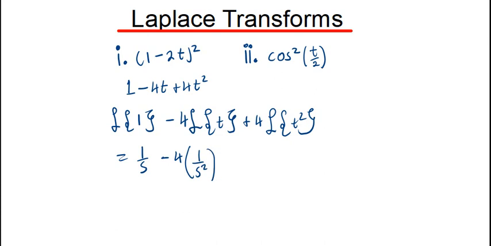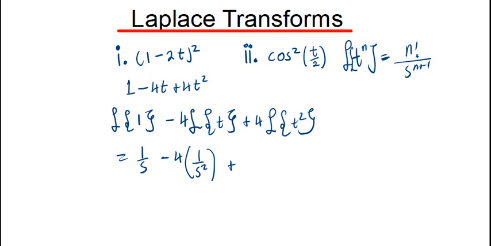Let me write the general formula. The Laplace transform of t to the power n is equal to n factorial divided by s to the power n plus 1. In this case my n was 1, which I've put here. Then divide by s to the power n plus 1. Our n is 1, so 1 plus 1 is a 2. That's why I have a 2 there.